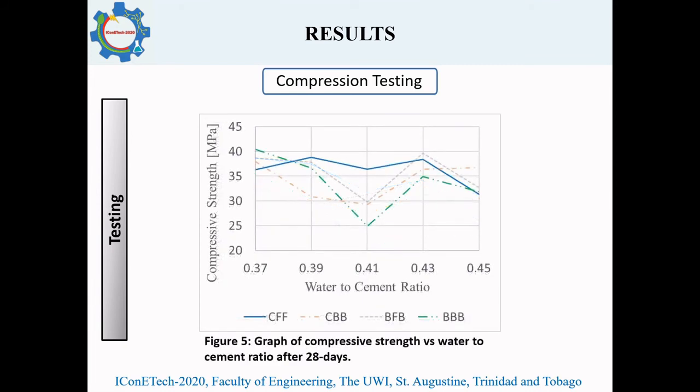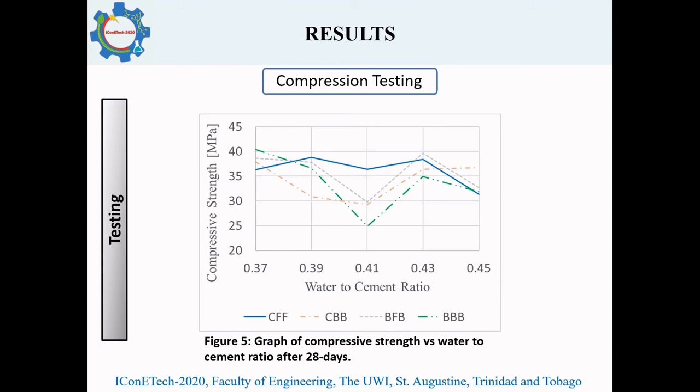Figure 5 shows a similar graph but after 28 days. The BBB 37 series produced the highest 28-day compressive strength at 40.4 megapascals. Again, the lowest strength observed was with the BBB 41 designation at 24.9 megapascals. The majority of batches did not meet the 28-day design strength as prescribed for a target mean strength.